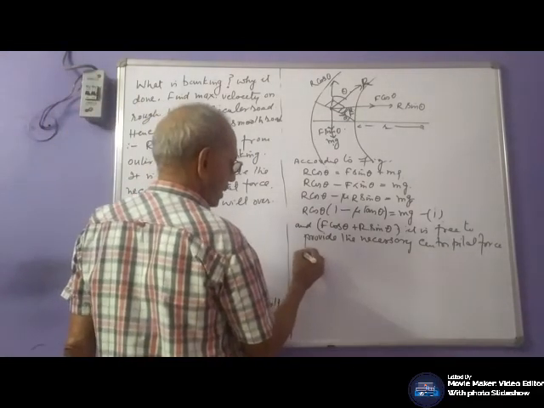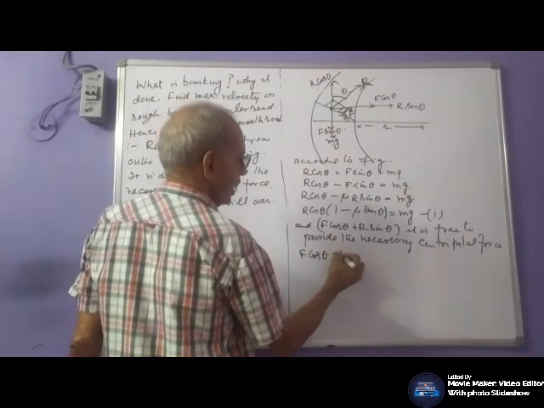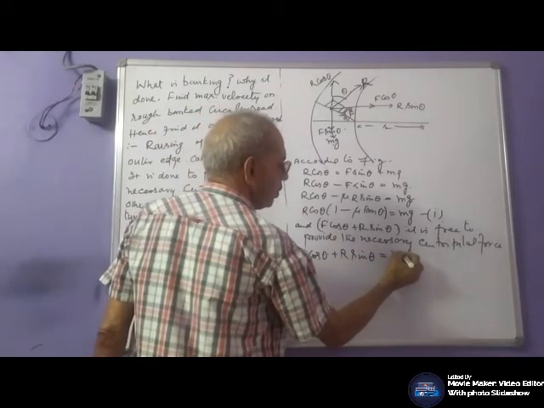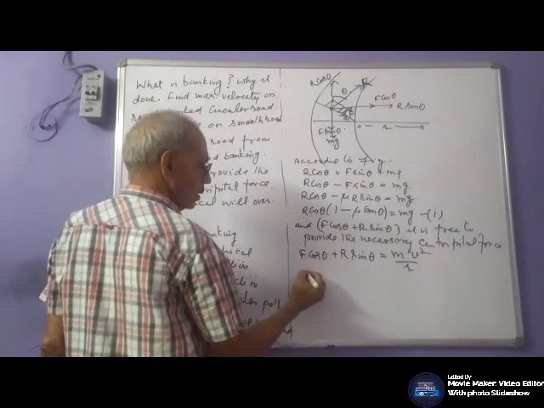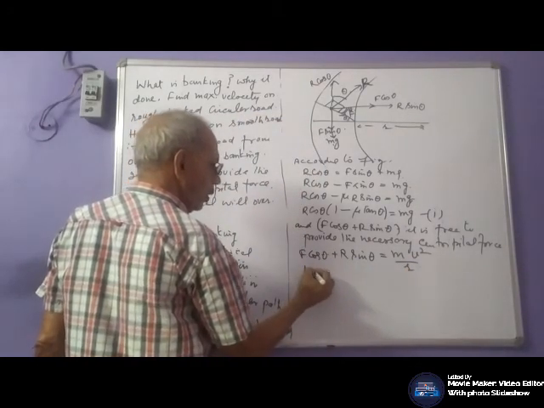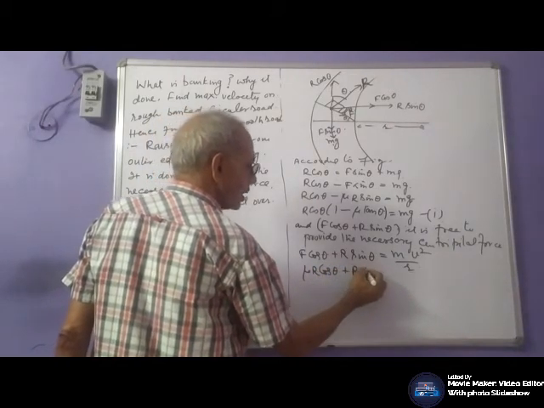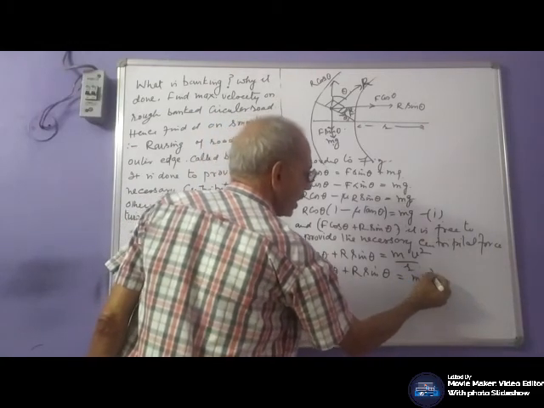So F cos theta plus R sin theta is the centripetal force, mv square by r. F is mu R, so mu R cos theta plus R sin theta is mv square by r.